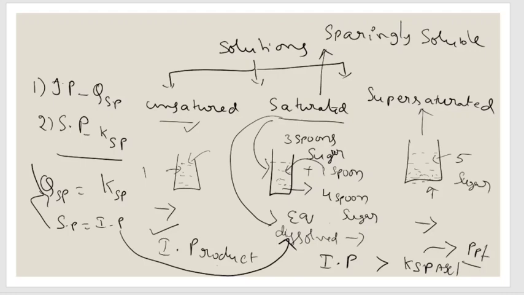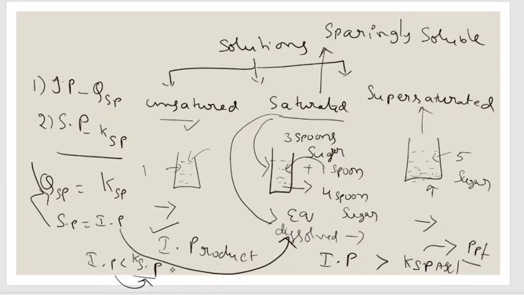So the precipitate is formed when the ionic product exceeds the solubility product. If the ionic product is less than the solubility product, it is an unsaturated solution, and we can dissolve more salt until it reaches equilibrium, until the ionic product becomes equal to the solubility product.